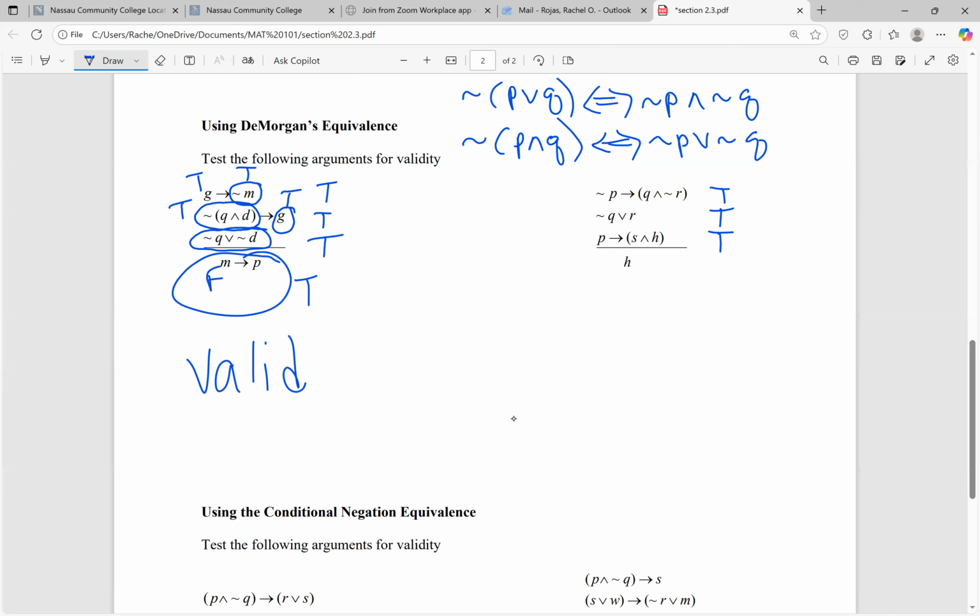So look, if we were to negate the second premise, not (Q or R), we would apply De Morgan's and we would have Q and not R, which is exactly what we have right here.